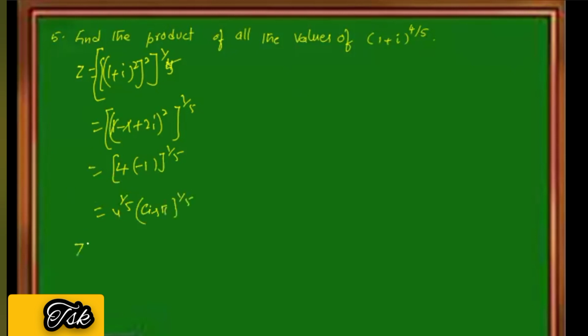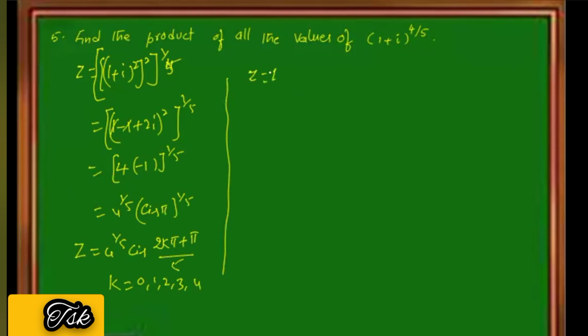So z can be written as 4 to the power of 1 by 5 into cis (2k pi plus theta) by n, k is equal to 0, 1, 2, 3, 4. These are the 5 roots. So the first root, when you put in 0, becomes 4 to the power of 1 by 5 into cis pi by 5.